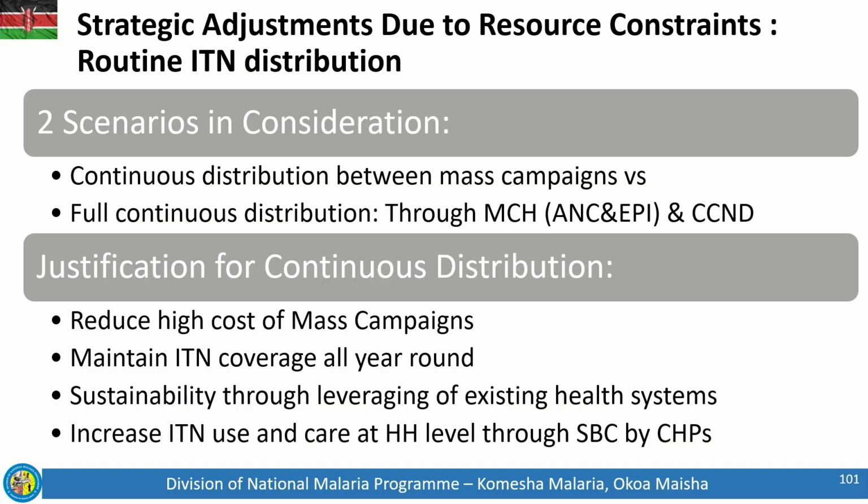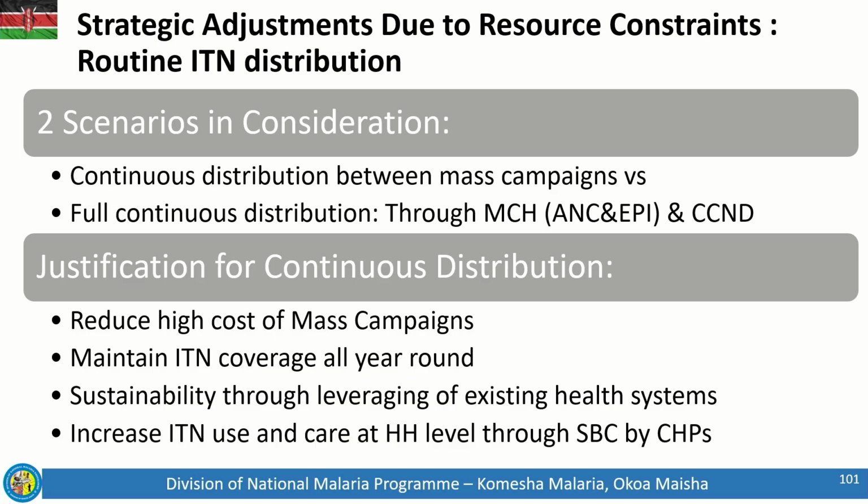The first is having a continuous distribution between mass campaigns, meaning you do a mass campaign and then yearly you do the replenishment of ITNs. When you're doing that, you can start with some counties with mass campaign, some taking part in continuous, and then you learn lessons and move on as you probably phase out the campaign over a period of time.